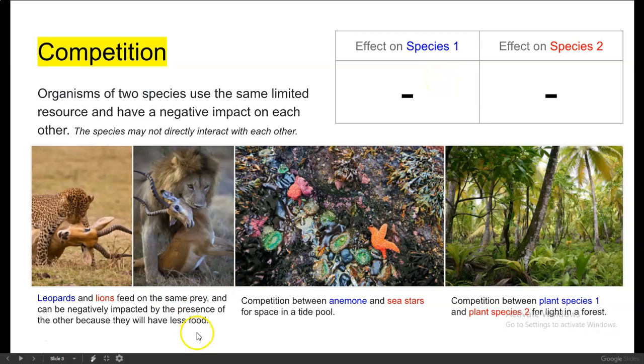Leopards and lions feed on the same prey and can be negatively impacted by the presence of the other because they'll have less food. Competition between anemones and sea stars for space in a tide pool is another example. And then plants are always competing for light in a forest. So competition between plant species 1 and plant species 2 would be another example.